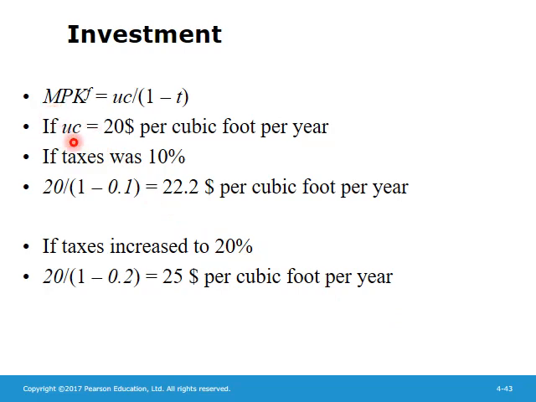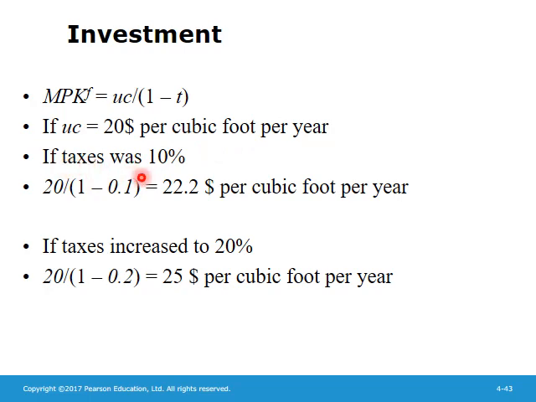If we take the two cases, say the user cost is $20 per cubic foot per year. I took the same example as in the book, the solar oven, the oven that works with solar energy, or take any example, like the photocopier machine we mentioned in the lecture, or you have billions of examples of capital goods. So the user cost, let's say, is $20 per cubic foot per year.